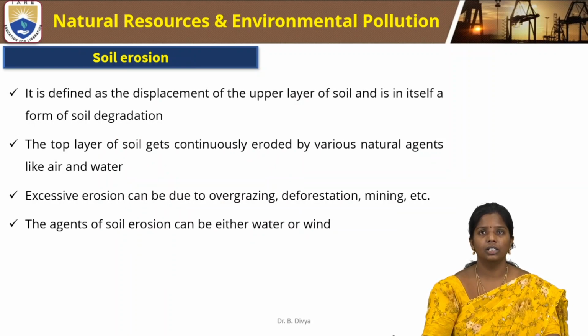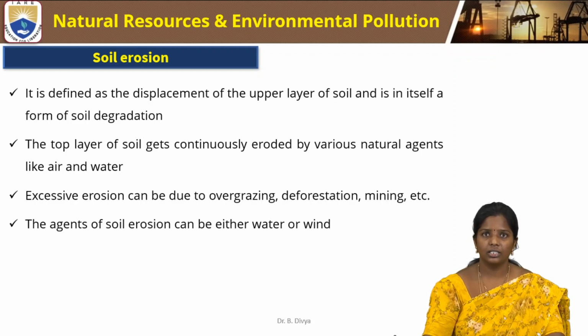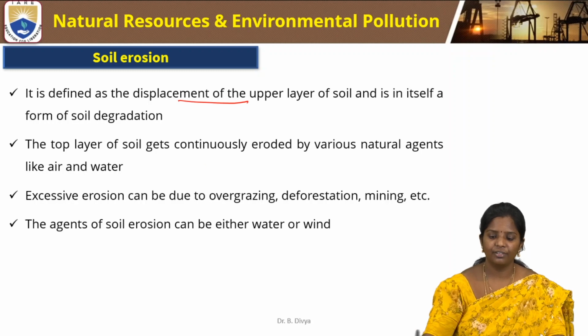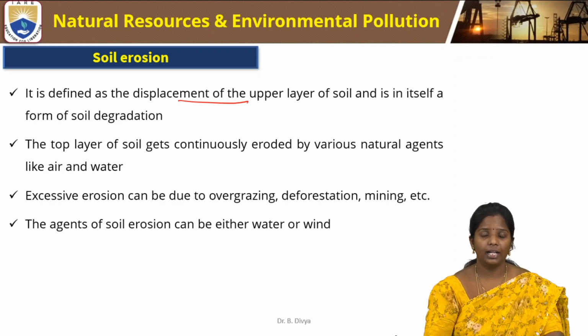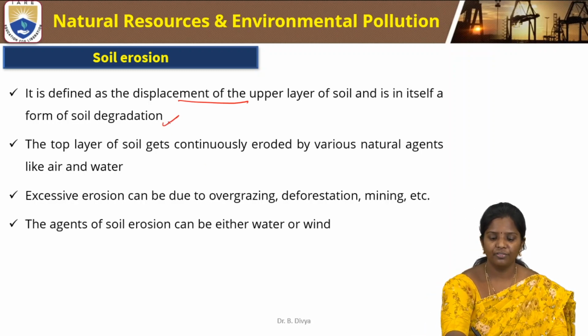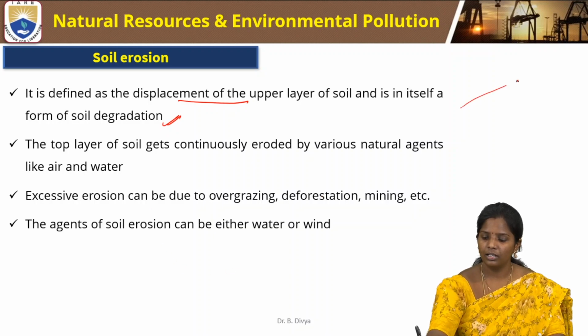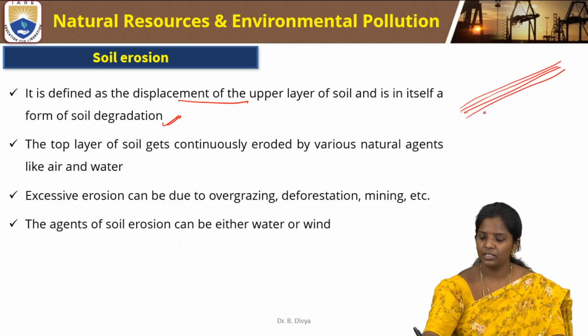So what is soil erosion, and how is it really harming the land resources? It is defined as the displacement of the upper layer of the soil, and in itself is also a form of soil degradation. It means there are layers of soil present here, and this part will be displaced.